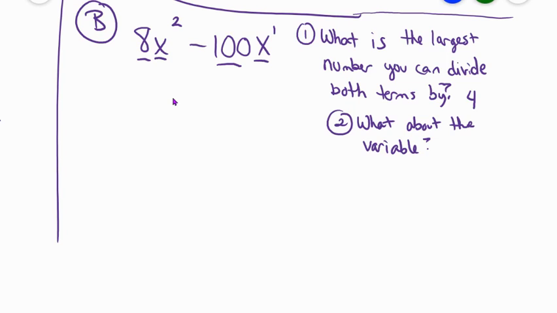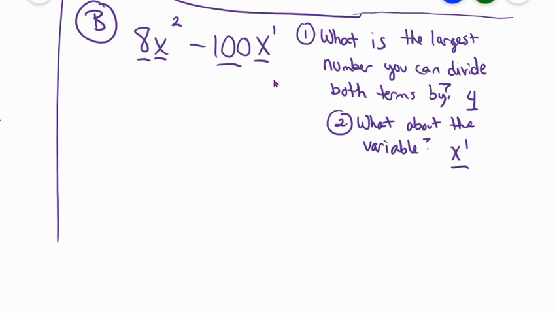So the greatest common factor between x squared and x to the first is actually x to the first, because you cannot factor out more than something has. You can't divide x to the first by x squared, or else it's going to be a fraction. So 4x to the first then is the greatest common factor.